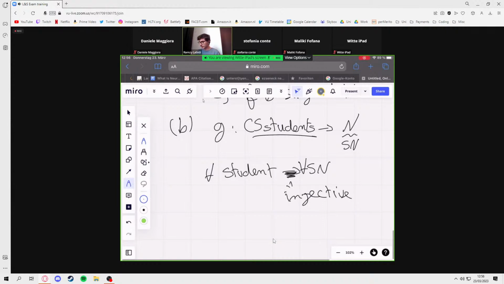And to check for surjectivity, you have to check the number of students, whether it's finite, and whether the codomain of g is finite as well. The student numbers are infinite because they're numbers that could be combined in any possible way. However, we know the number of students is finite. Therefore, it cannot be surjective, because the function student number doesn't cover all the possible values of student number.